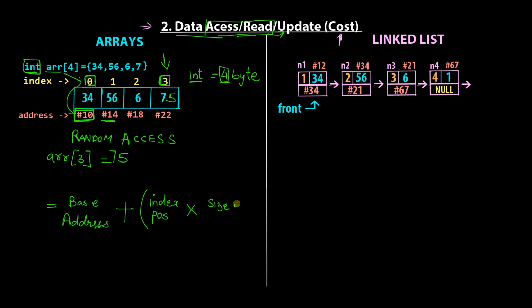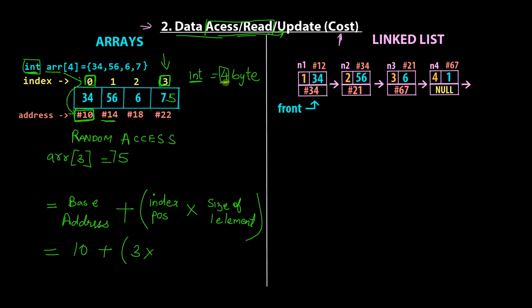So here size of one element is what we want to find out. Now if you substitute all the values, as I mentioned, the base address is always known in the array, which is #10. So it is 10 plus what is the index position that we want to find out? We want to access index position 3. So it is 3 into the size of one individual element.